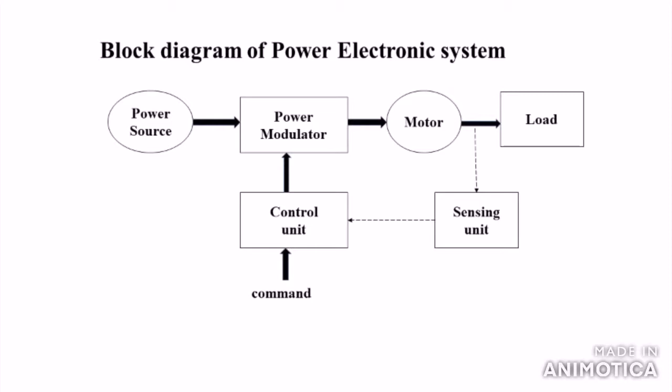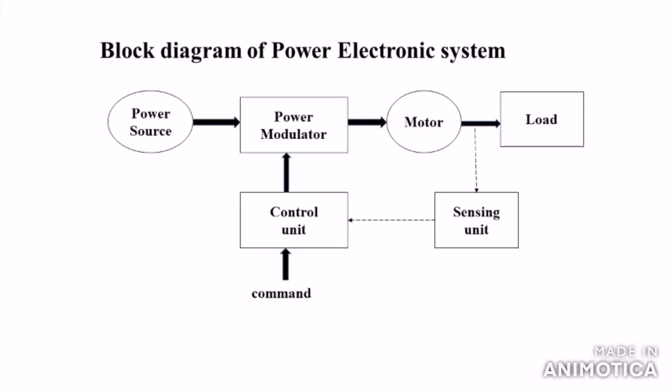Next we'll see the sensing unit and control unit together. Let us take the same example that the motor is controlling the fan. Suppose we want to run the motor at a speed of 1500 rpm. That 1500 rpm is given as a command to the control unit. The command is nothing but the reference value, that is the desired value with which the motor has to be operated.